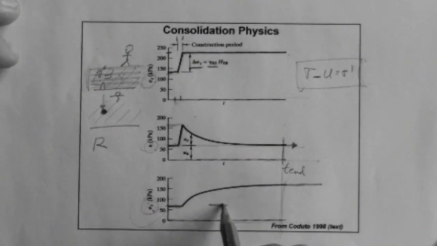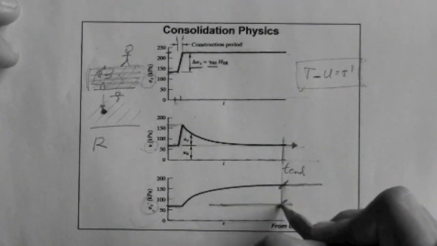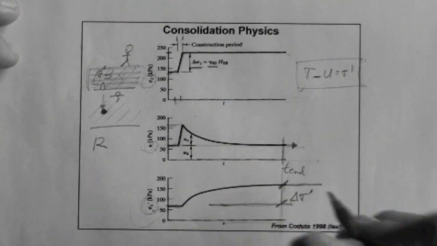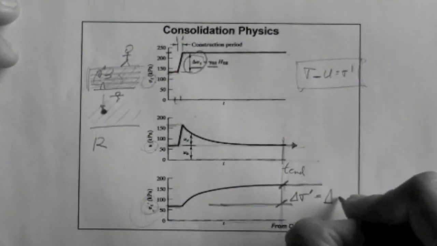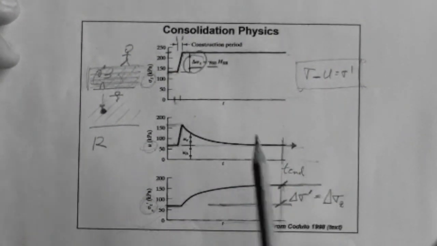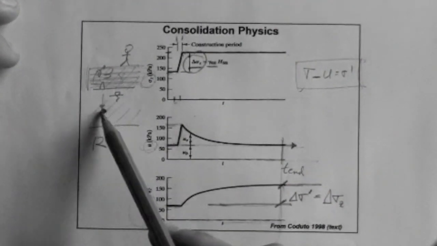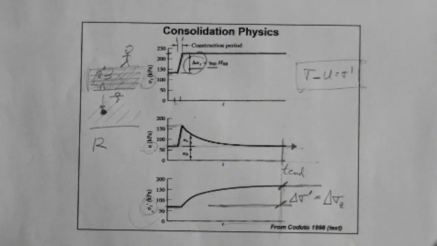That difference is equal to this. Right? Because eventually the particles at this point carry the load that has been placed above. Okay, that is the consolidation process in the field.